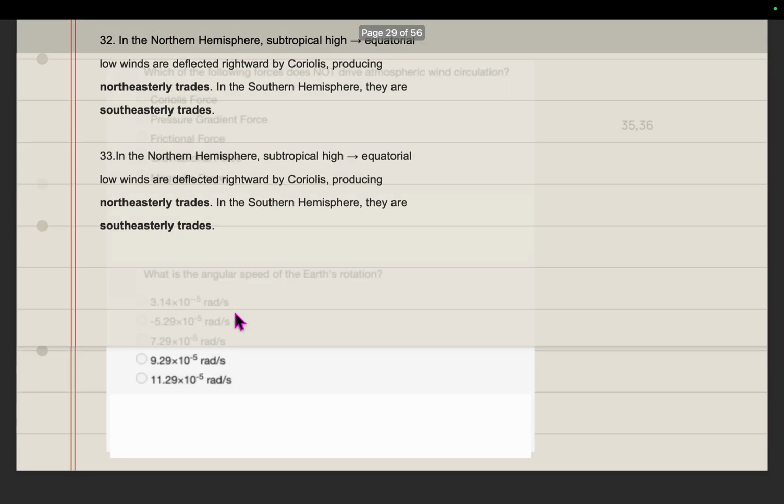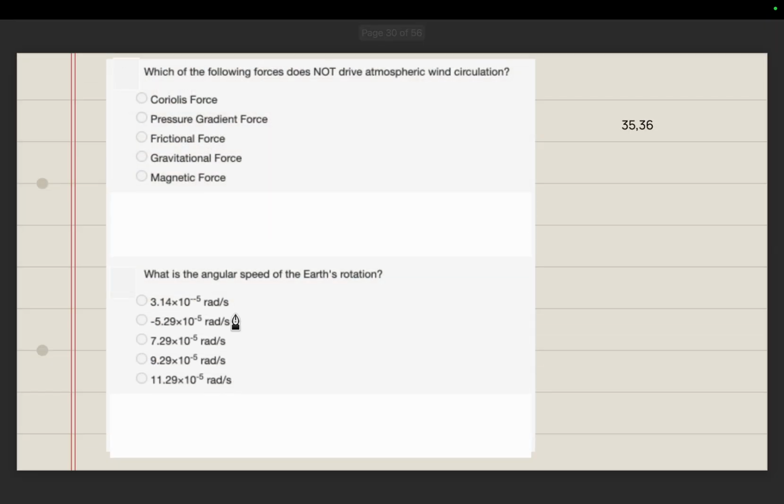Now question 35. Which of the following forces does not drive atmospheric wind circulation? Coriolis force, pressure gradient force, frictional force, gravitational force, and the magnetic force. Magnetic force has no effect in the atmospheric circulation.